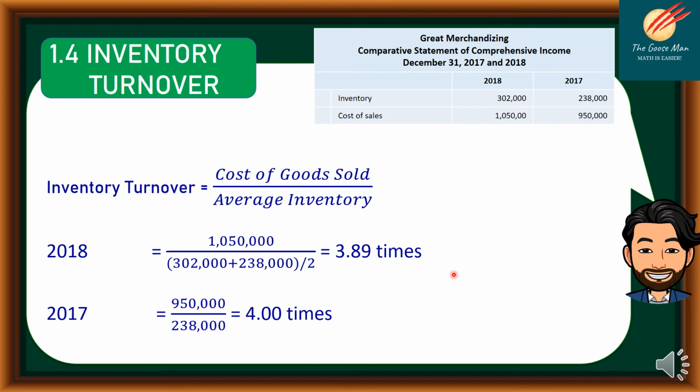Also, it may appear that it takes basically 4 months for the business to convert inventories into cash in 2017 and more than 4 months in 2018. So the business may appear to be selling and buying goods that are not considered fast-moving items, similar to the items sold in the supermarket.